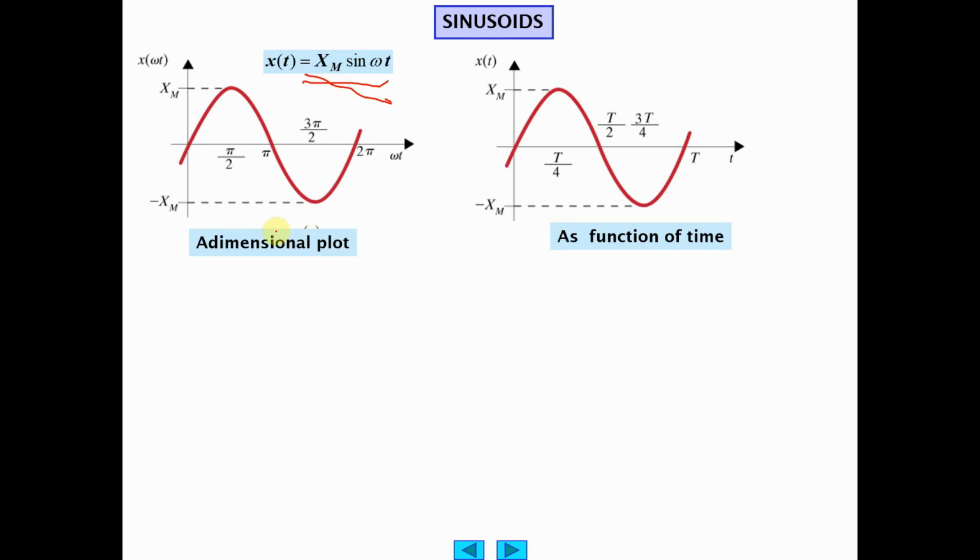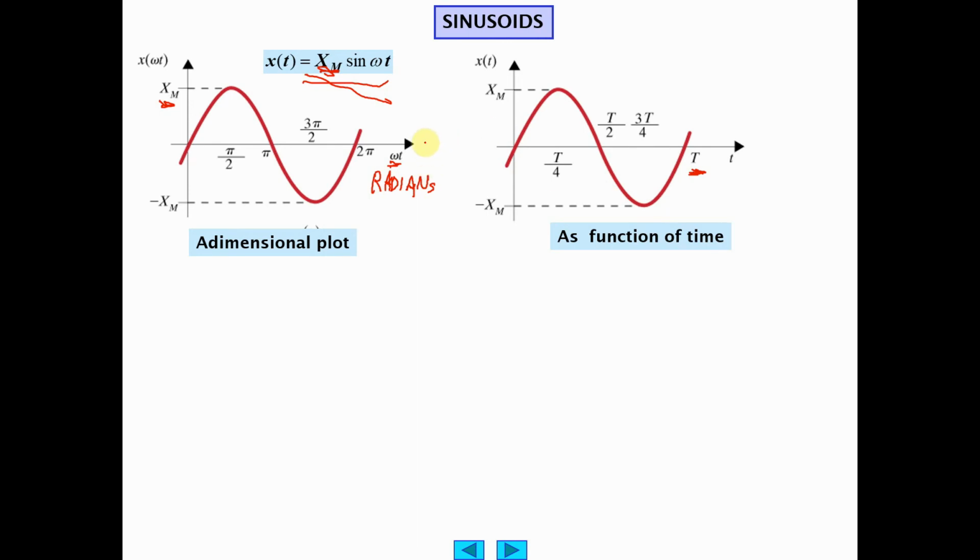This is the radians, radians on the x-axis. And of course, this is the magnitude. This would be the amplitude of your sine wave, Xm, amplitude. This is the time domain. So omega, the frequency, is in radians per second.